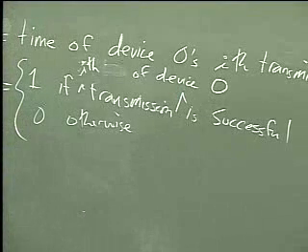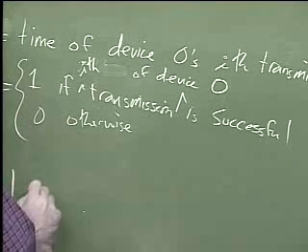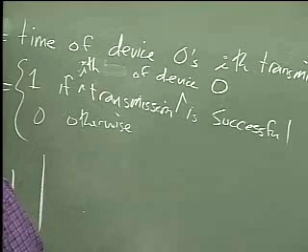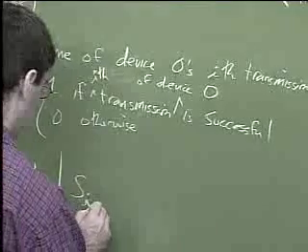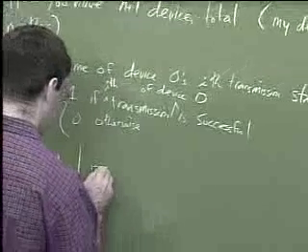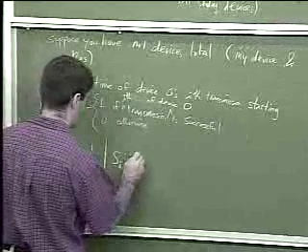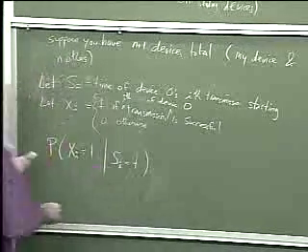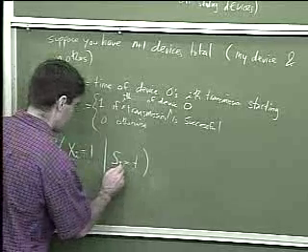And what we want to compute is the probability that X_i equals 1, that the transmission is successful, given S_i equals t, some time t.